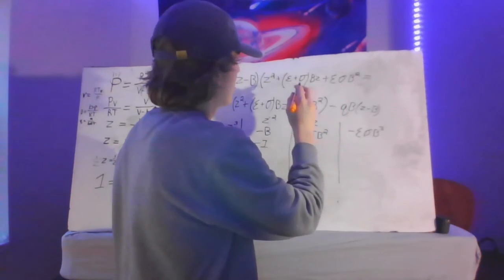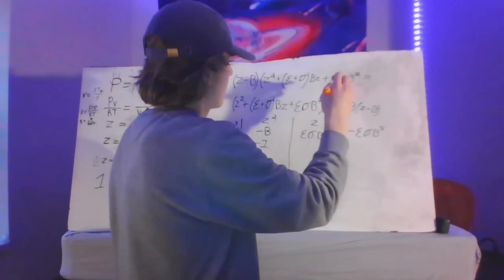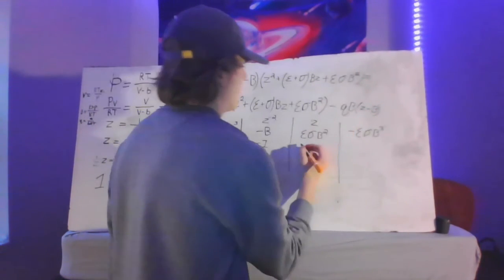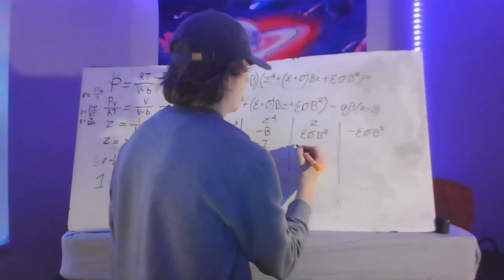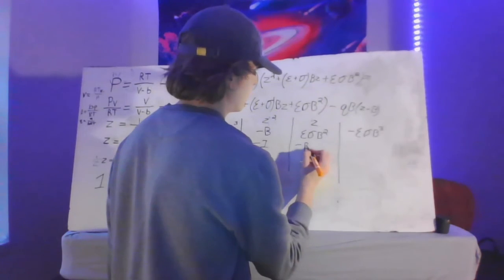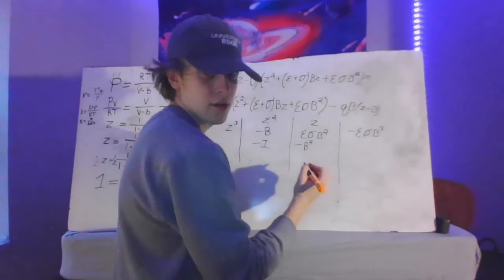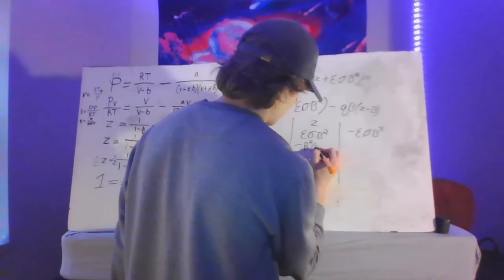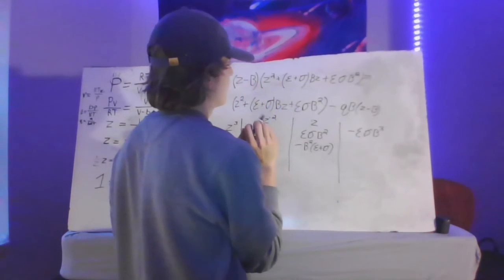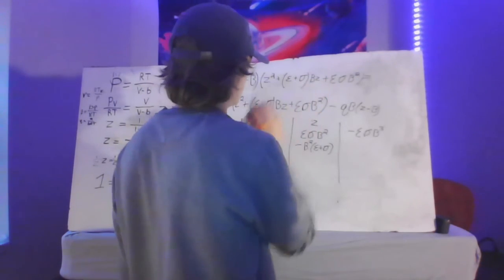And we will get negative beta squared times epsilon plus sigma, from multiplying this out.